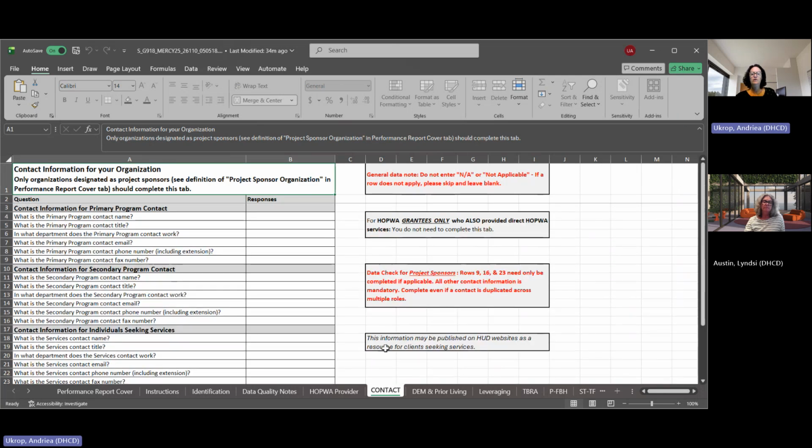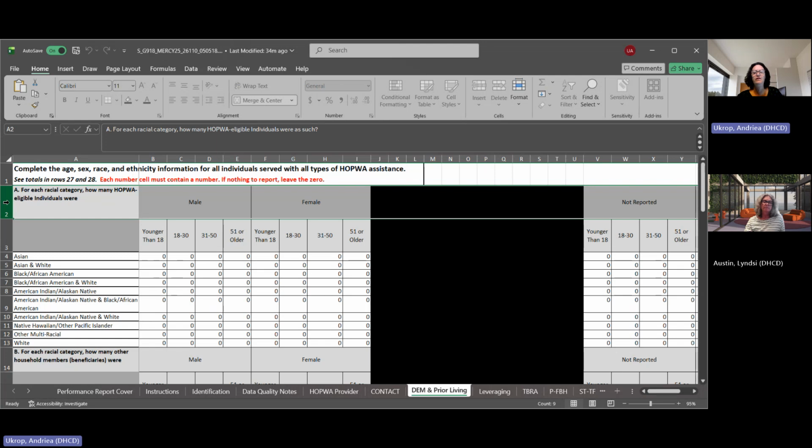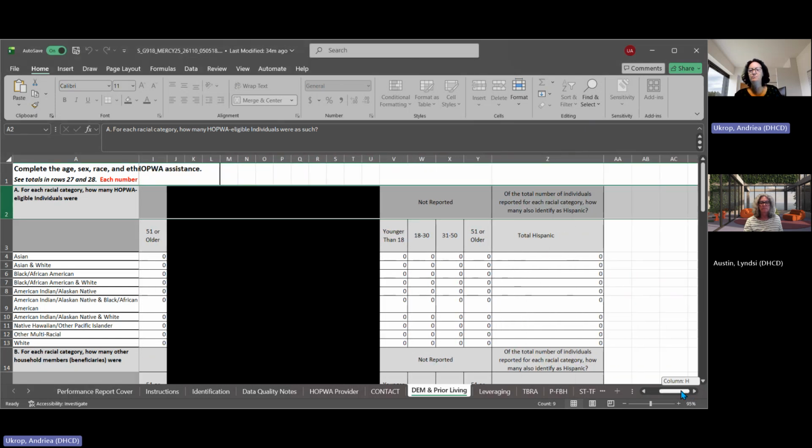Okay, we're going to move on now to demographics and prior living. So for section 2, remember that there is only one individual within the household that makes that household eligible. And here for section 2, rows 4 through 13, and across the columns, this is one where you're going to want to remember to slide over to see the entire contents of this tab.